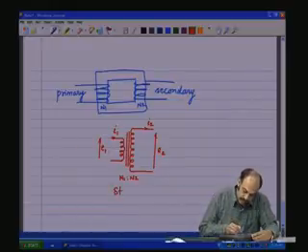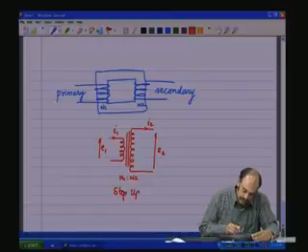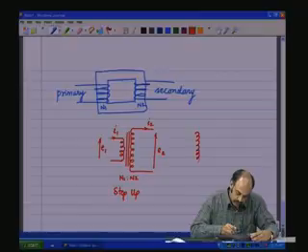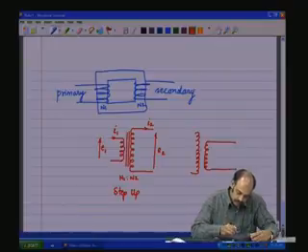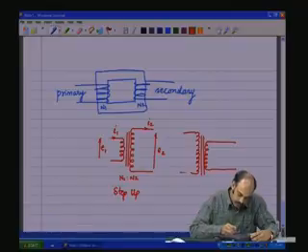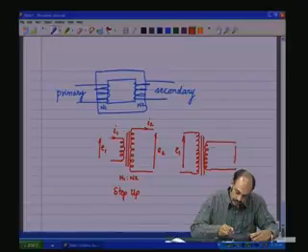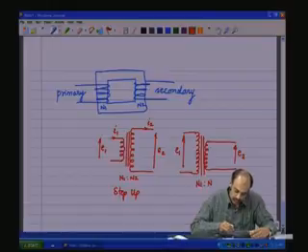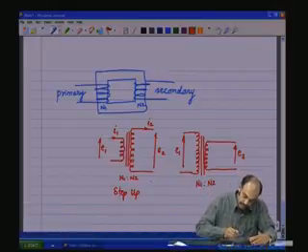If the symbol is written in this fashion, as shown here, the primary voltage is more than the secondary voltage, and consequently the primary number of turns is more than the secondary number of turns.